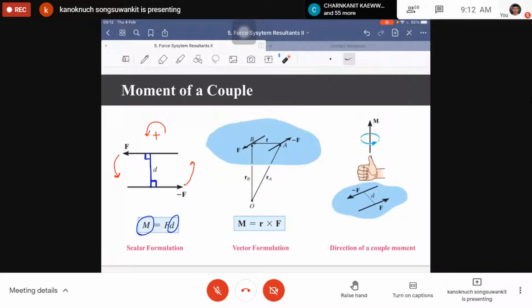Suppose we have a couple F and minus F in this space. Then we use point O as the rotation point. From point O to the force F, we have one position vector RB, and from point O to the force minus F, we have one position vector RA.